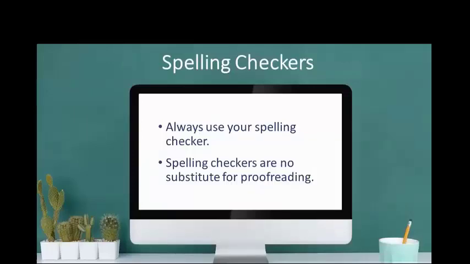And I love spelling checkers, but they are no substitute for proofreading. A spelling checker won't be able to tell you that you should have typed T-H-E-I-R when you type T-H-E-R-E. It just knows if a word is spelled right or wrong. And I think we've all had experiences with this.